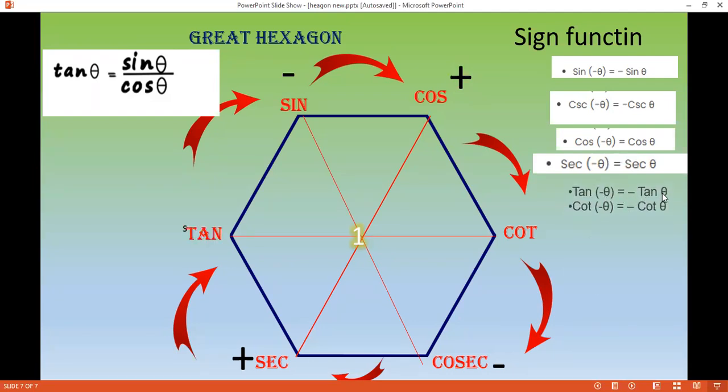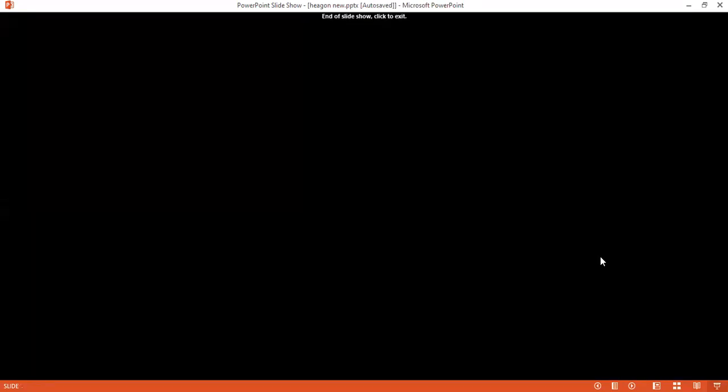Tan of minus theta is minus tan theta, and cot of minus theta is minus cot theta. Like this, we can easily write all the sign functions by using this great hexagon. Is it clear?